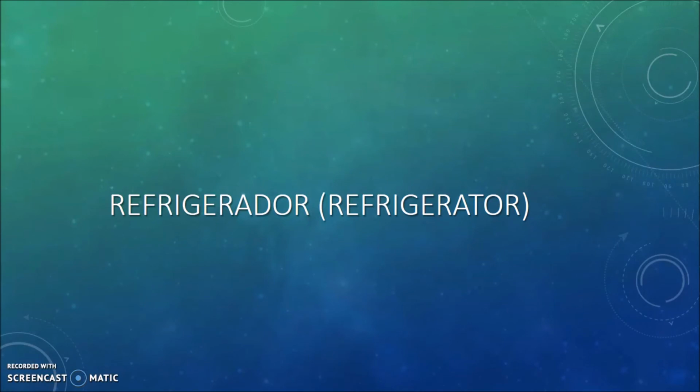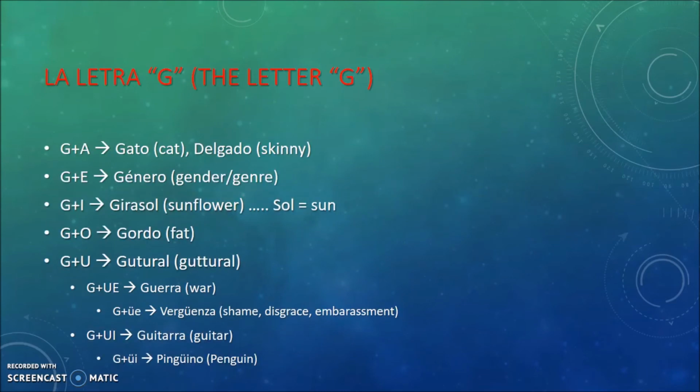Refrigerador. You don't necessarily have to hold out the trill on the R's in the middle. You can just kind of tap it, and you'll learn to understand that. Refrigerador.